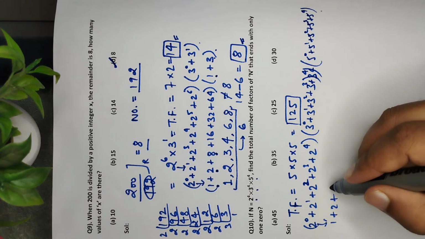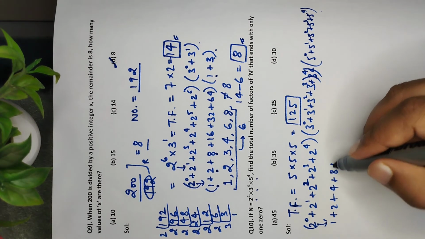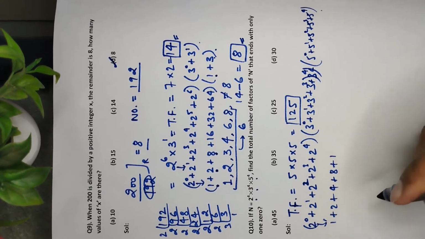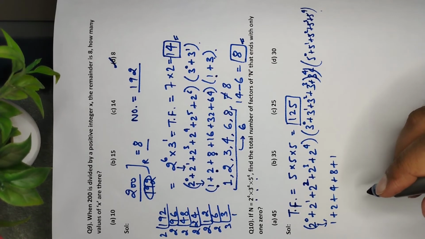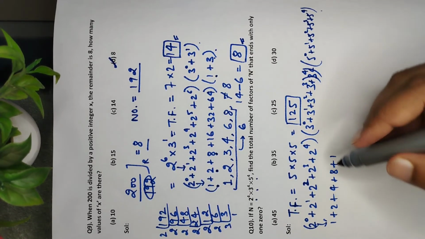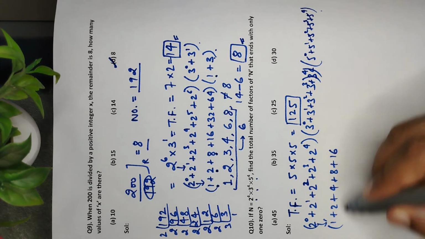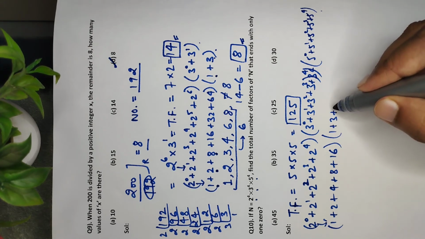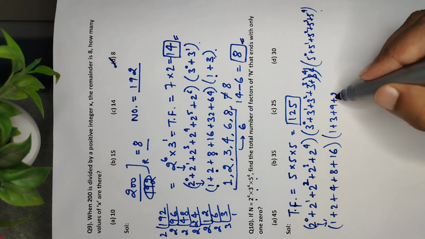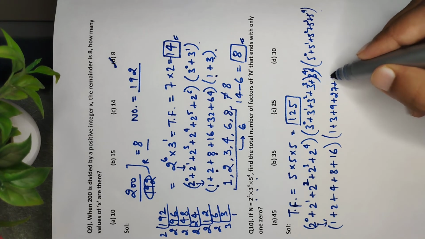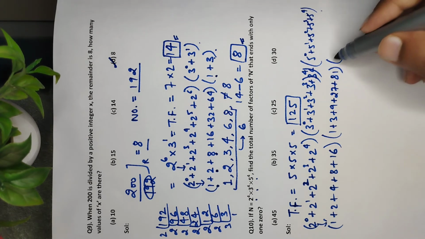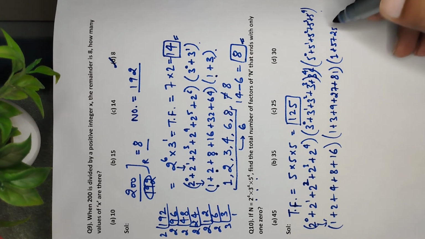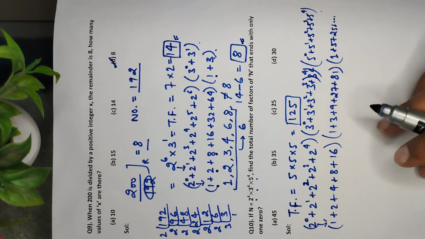We can write this as 1 plus 2 plus 4 plus 8 plus 16, and this can be written as 1 plus 3 plus 9 plus 27 plus 81, and then this further can be written differently. We can write all the values of all of them.